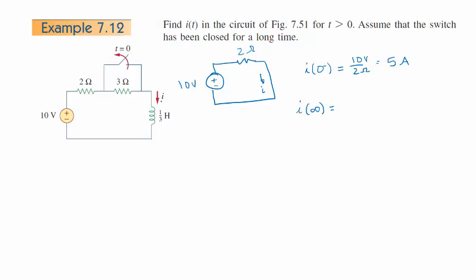At time infinity, in our new scenario, this has become a short, but we have these 2 resistors back in the circuit. So i at infinity is 10 volts divided by 2 plus 3 ohms, which would be 2 amps.